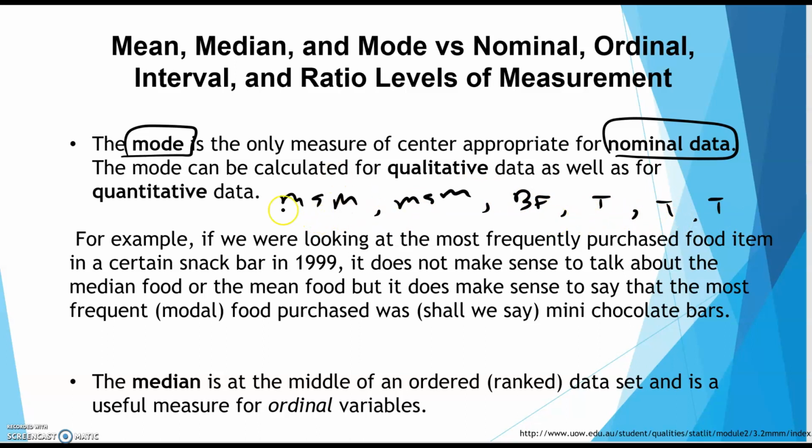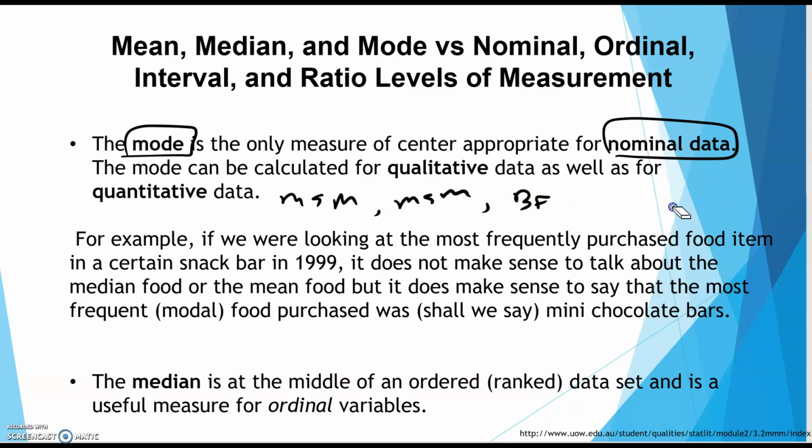For the mean, what is an M&M plus an M&M plus a Butterfinger plus a Twix plus a Twix plus a Twix divided by 6? That doesn't even make sense either. The only thing that makes sense is finding the mode. Which one occurred with the greatest frequency? The Twix, because it occurred 3 times, Butterfinger occurred once, and M&Ms occurred twice.